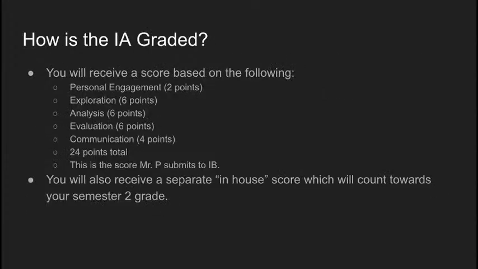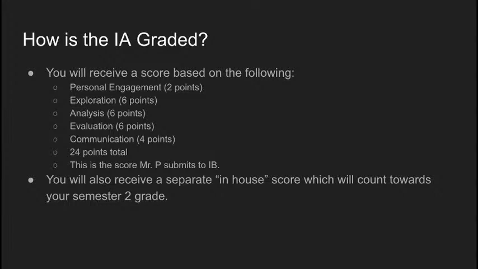All right. So I want to talk about how the IA is graded. So it's out of 24 points. And I'm going to talk about what each of these means. 2 points for personal engagement, 6 points for, quote, exploration, 6 points for analysis, 6 points for evaluation, and 4 points for communication.